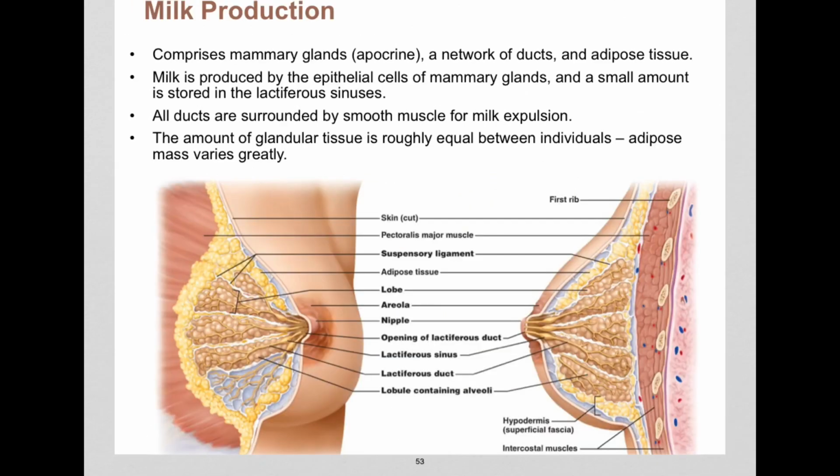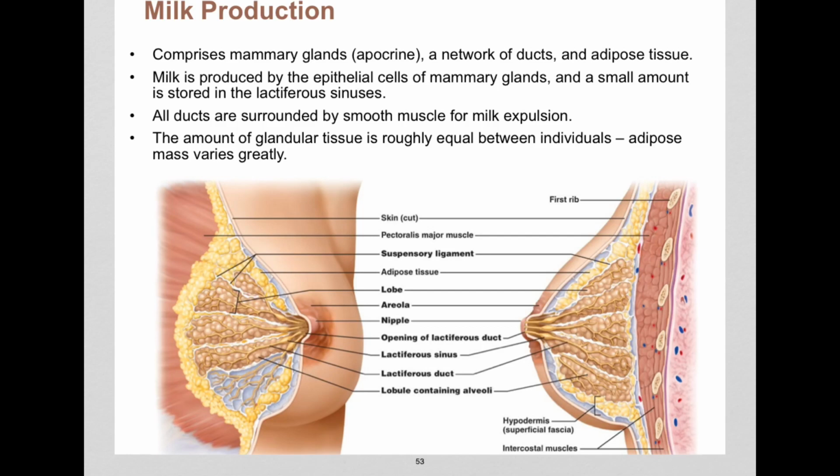All right, the last thing that we'll talk about here is milk production. And I'm not going to go through a lot of detail except to say, remember that mammary glands are exocrine. So they're actually producing milk by breaking off fragments of the cell itself that are being released into the product through those glands.